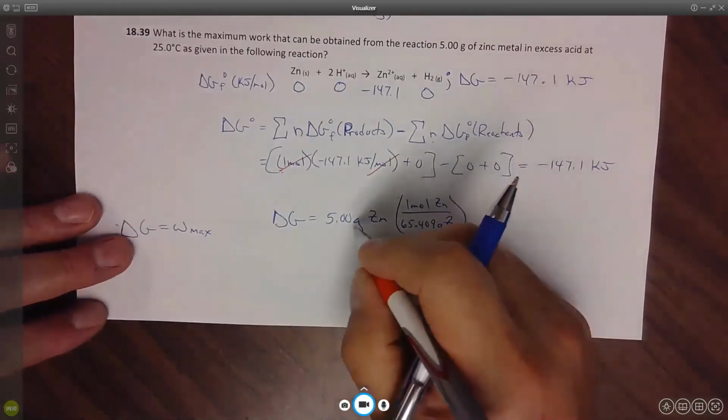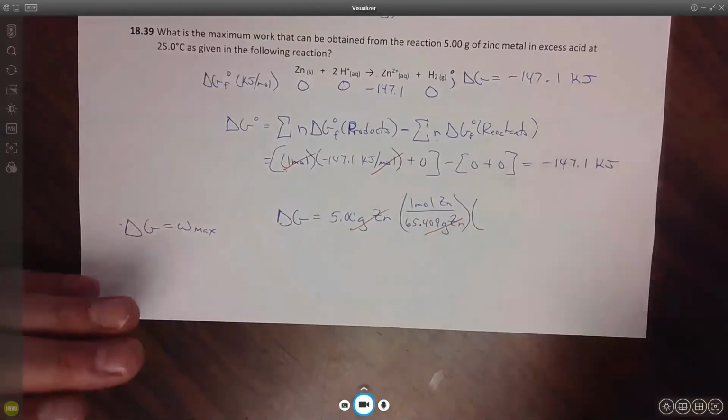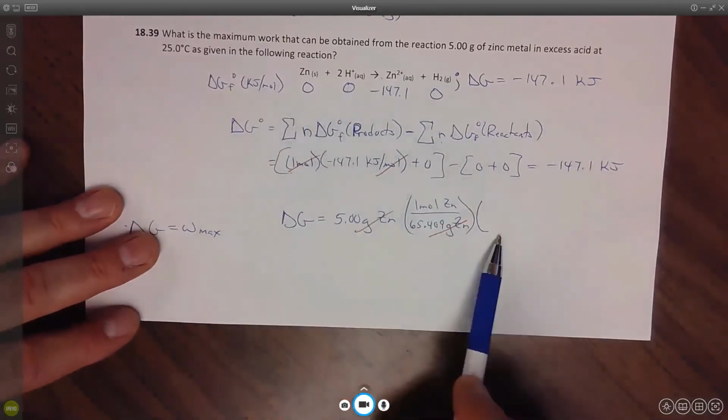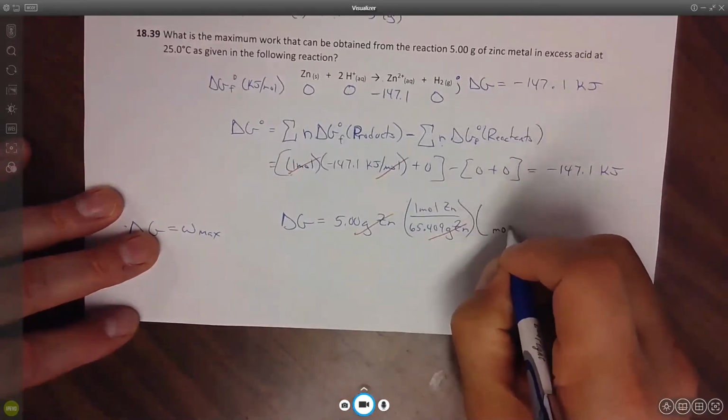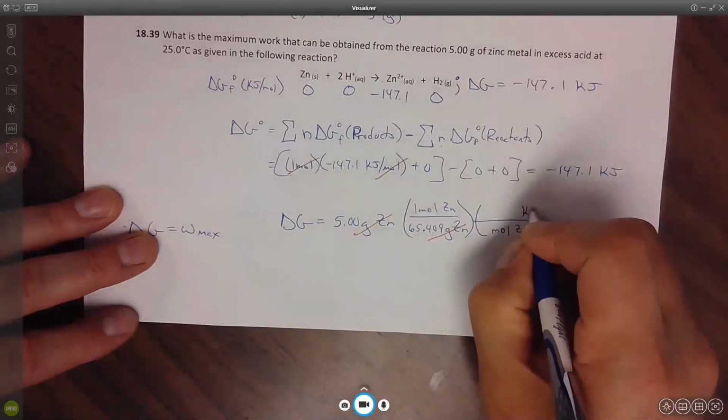The grams of zinc cancel. Now, using my molar energy ratio from my balanced thermochemical equation, I need moles of zinc to cancel, and I'm interested in the energy, which is going to be in kilojoules.